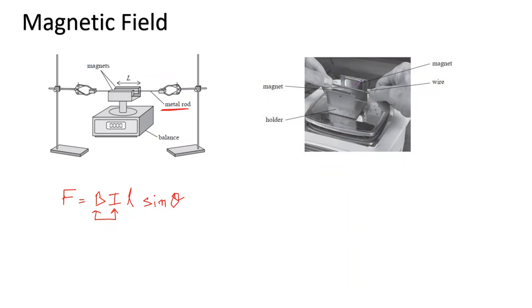If the force on the wire is downward, meaning the magnet exerts a force on the wire downward, according to the third law, the wire exerts an equal and opposite force on the magnet upward. In that scenario, the reading on the balance would decrease. So that would be your theoretical approach, and this is your mathematical approach.